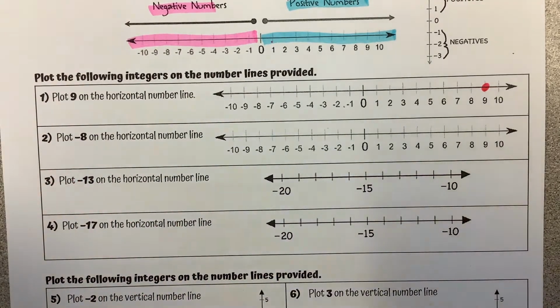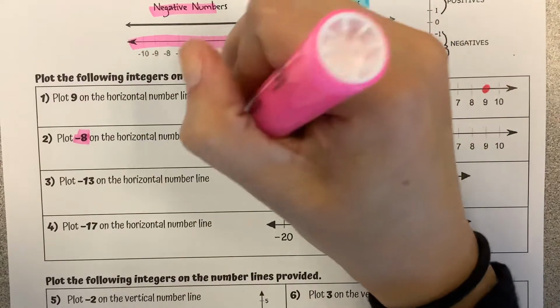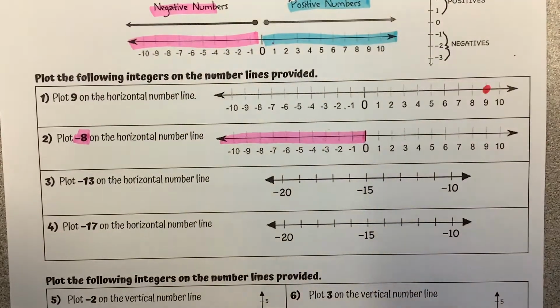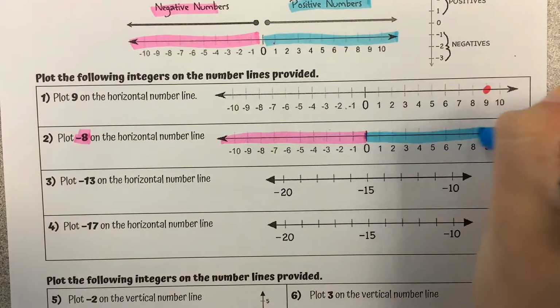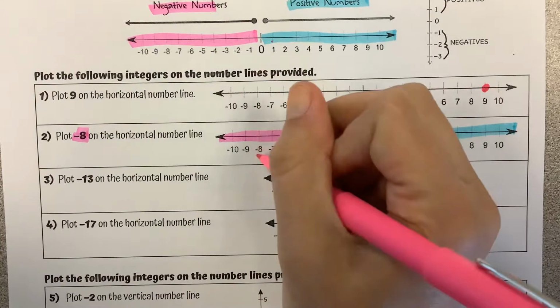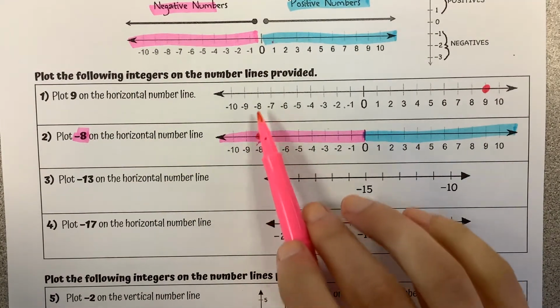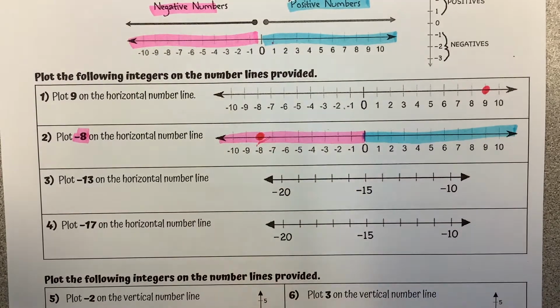For number 2, plot -8 on the number line. If I think about that, I can remember my negatives are to the left. And if you want to highlight to help you the negative side versus the positive side, then do that. So -8 is right here. I'm plotting it directly on the line, not above it, not below it, right on the line at -8.